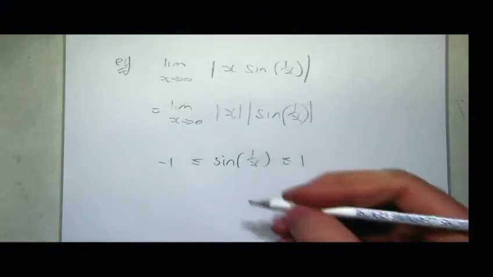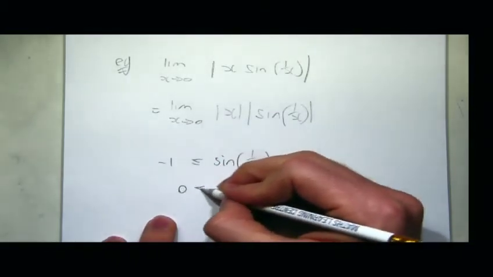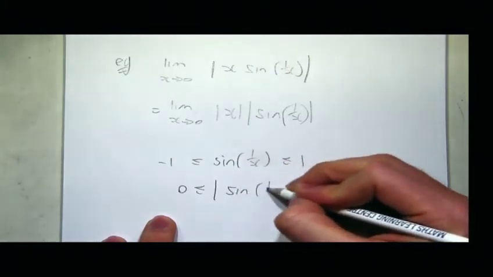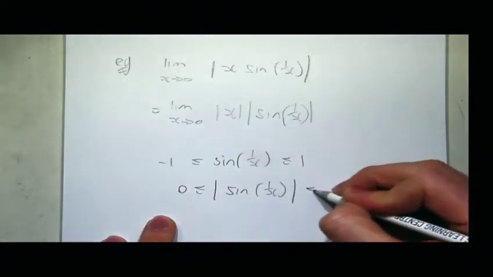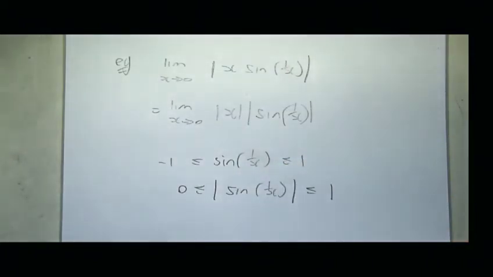So when I do the absolute value, I'll get this. The ones that were negative, the part that's minus 1 is less than or equal to sine 1 over x is less than 0. When I modded that, it became from 0 to 1, and the part that was already positive stayed positive.